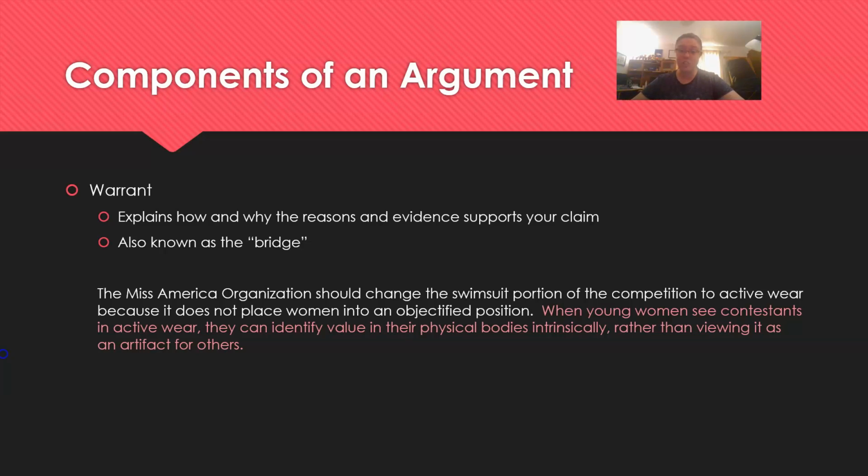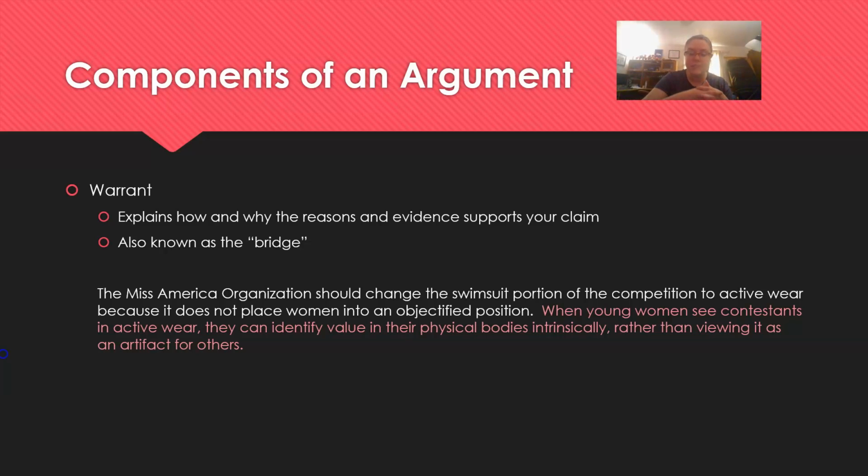And a warrant essentially does that. However, it's not just restricted to whenever you use a source. Rather, it can be used for connecting parts of your own original text, namely reasons and claims. So two things that you have originally come up with.